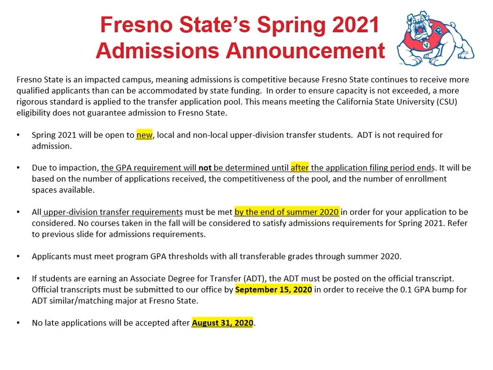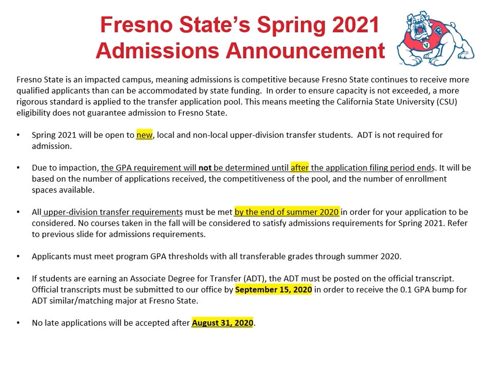All upper division transfer requirements, this is really important for Fresno State only. You can look at other campuses to see what their announcements are, but for Fresno State specifically, all of your upper division requirements must be completed by the end of summer 2020 for your application to be considered.